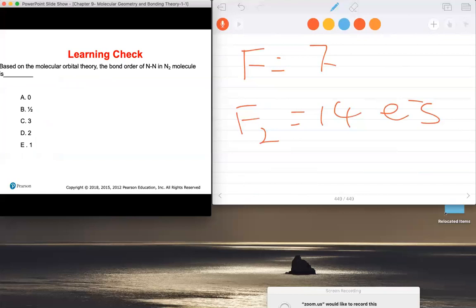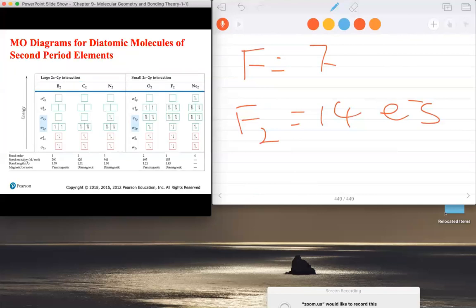Same question on molecular orbital, based on the molecular orbital theory: the bond order for nitrogen to nitrogen, that is N2, all right? N2 is what? You've got to draw the molecular orbital filling for nitrogen, and if you look at the bonding, I see that the bonding here, we have 6.